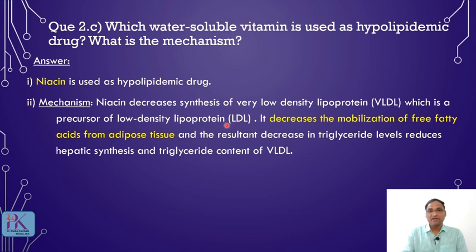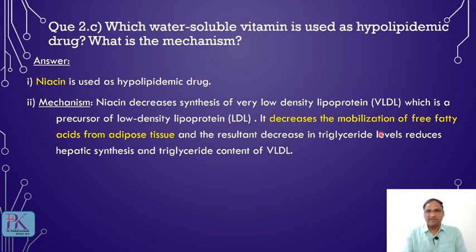Again, I am repeating, what is the mechanism? First, you have to mention that it decreases the mobilization of free fatty acid from adipose tissue. That is the most important thing. So what happens due to this? There is a decrease in TG level. Triglyceride contains free fatty acid plus glycerol, so if free fatty acids are less, triglyceride is also less.